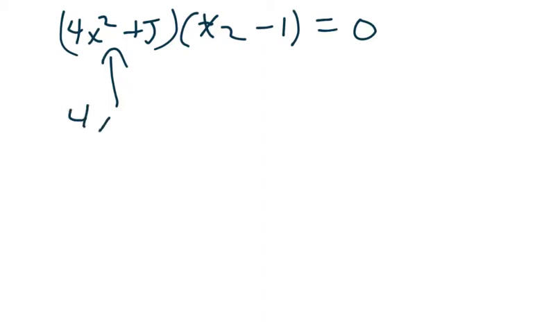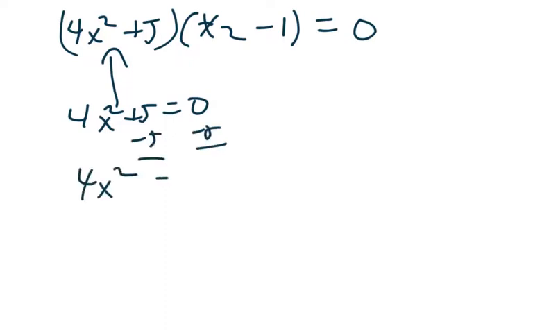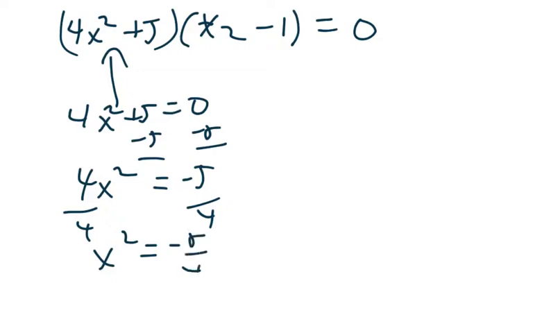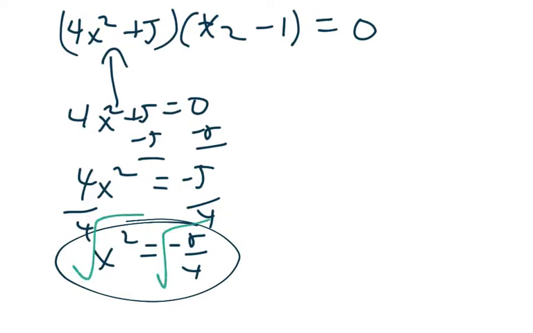Well, notice if I took 4x squared plus 5, set it equal to 0, once I minus 5 both sides, I'll have 4x squared equal to negative 5. Dividing by 4, x squared equals negative 5/4. And right there, guys, I can't get a real answer, right? Because if I take the square root of both sides, I'm going to get a square root of a negative. So our first binomial right there is not going to give us any real answer.